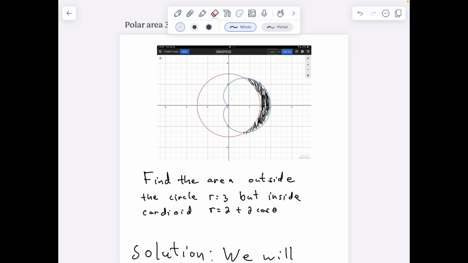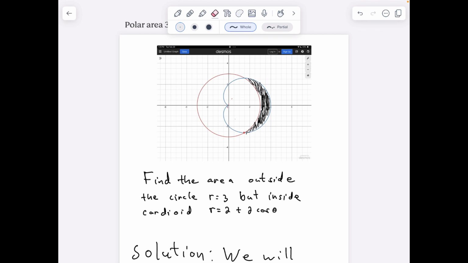And similar to what you learned in Calc 1, we're going to set up an integral where we take the difference of two functions. If you recall from your first semester calculus class, you would find the area between two curves by subtracting the curves, the largest minus the smallest. Same thing here.